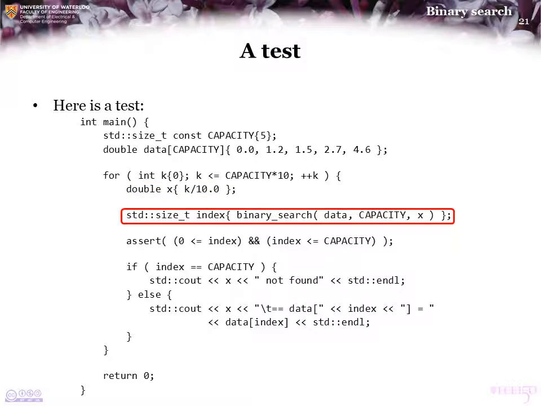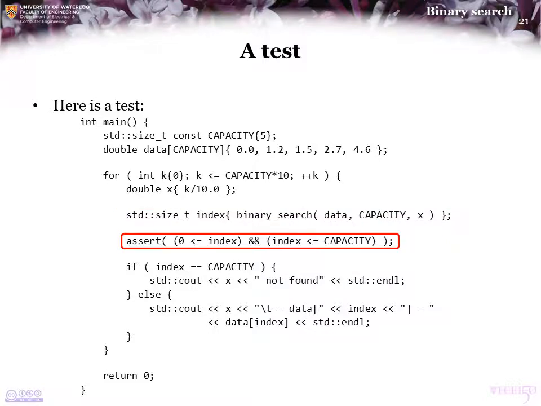Every single time I will check, is the value 0.0, 0.1, etc., in the array using a binary search. I'll check to make sure that whatever binary search returns is greater than or equal to 0 and less than or equal to the capacity of the array.